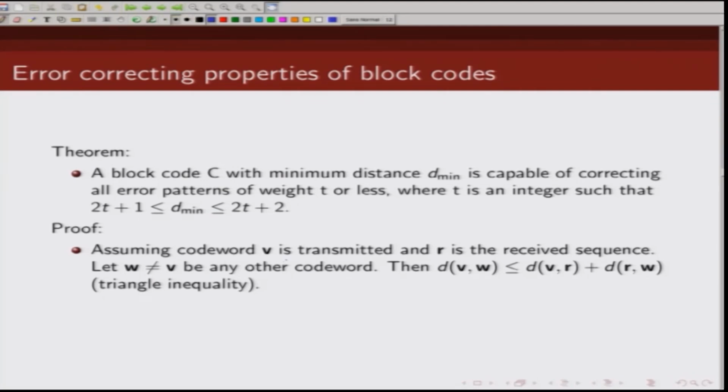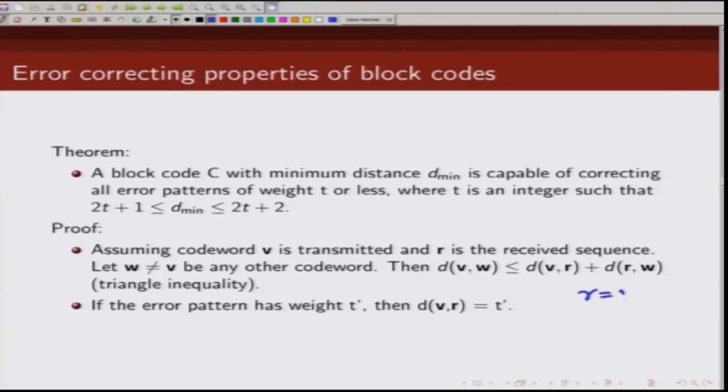Let us assume the code word that is transmitted is given by V, and what we received is the tuple R. Let us assume there is another code word W which is not the same as V. Now, we know from triangular inequality that Hamming distance between V and W will be less than or equal to Hamming distance between V and R plus Hamming distance between R and W. Now, let us assume that the error pattern has weight t dash, and what is R?